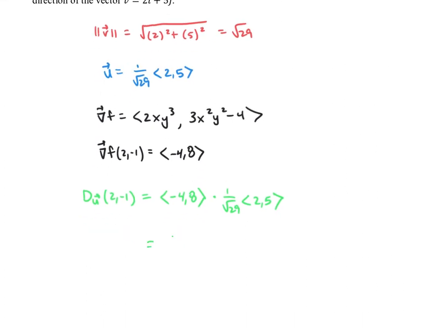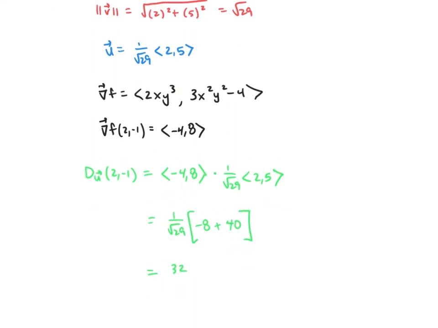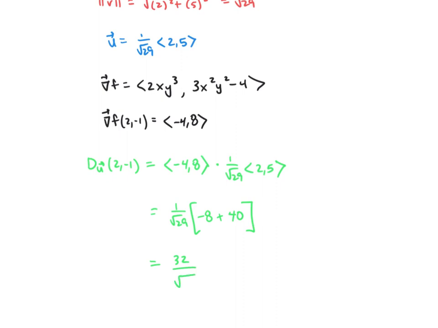I'm going to take the 1 over square root 29 and pull that to the front. -4 times 2 is -8, and 8 times 5 is 40. And so we get a rate of change of 32 divided by square root 29. And again, that's going to be our rate of change in the direction of that vector v that we were given. Okay, let's try one more example on the next page.